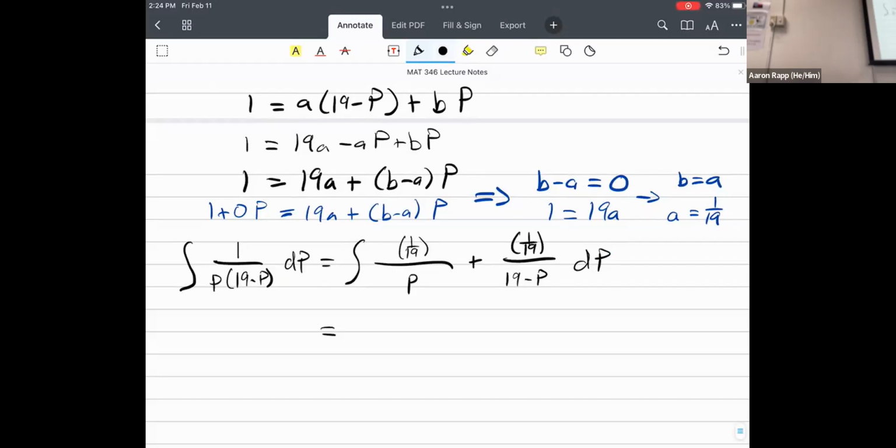And then I'm going to rewrite these integrals a little bit just to make it a little bit nicer, but hopefully you see where the integrations are going to go. I can always split any integration over an addition, and then I can always pull out a constant multiple. So I have 1 over 19 times the antiderivative of 1 over p with respect to p plus 1 over 19 times the antiderivative of 1 over 19 minus p with respect to p.